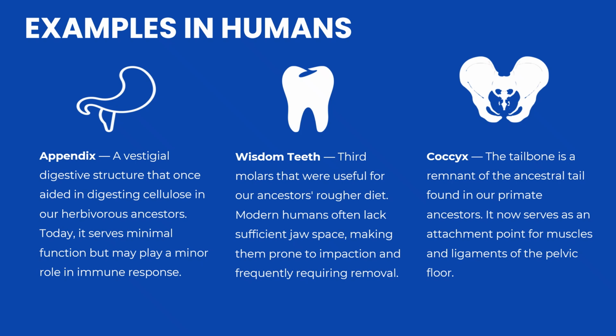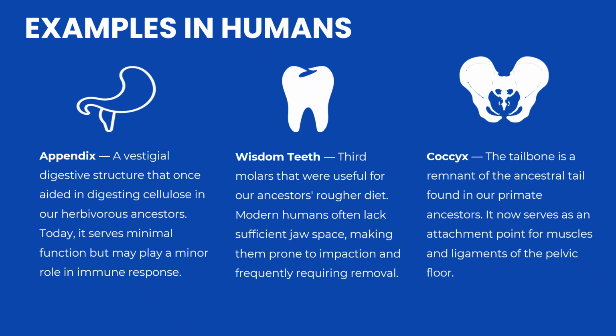Second is wisdom tooth, which is the third molar teeth, useful for the rougher diet, and it was useful in jaw space making, making the organisms prone to impaction and frequently requiring removal. So that is wisdom tooth.